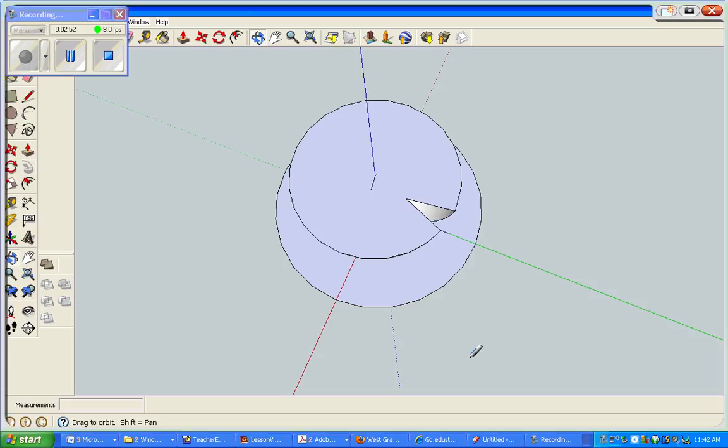The way that we are going to do this mathematically is we are going to do an integral where we add up all of these slices.